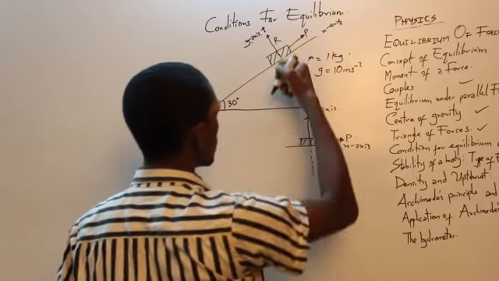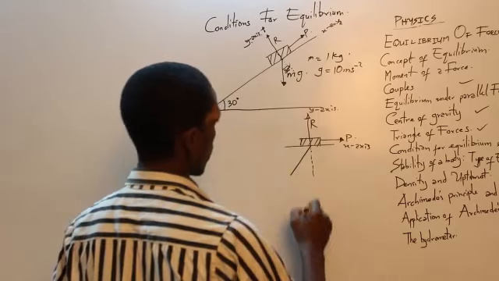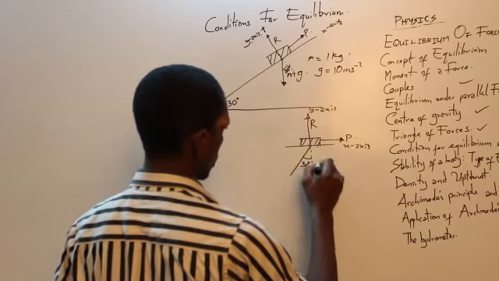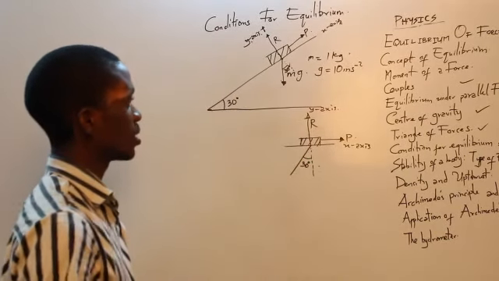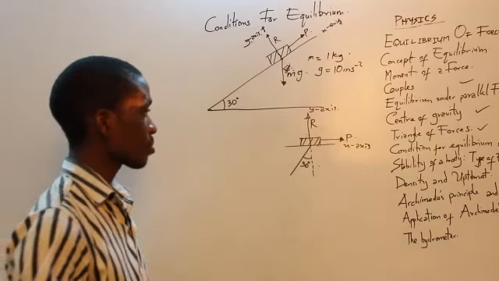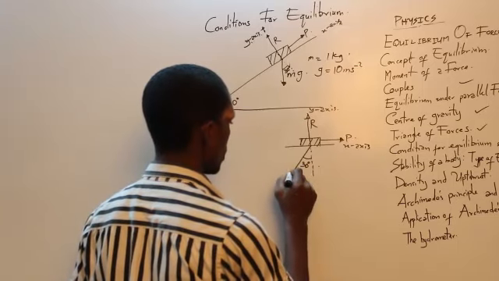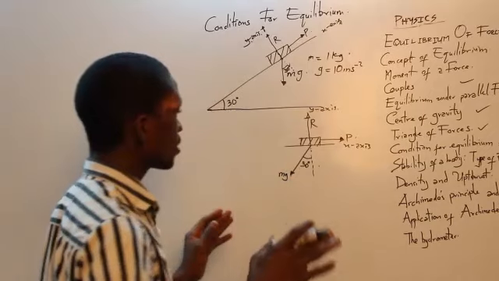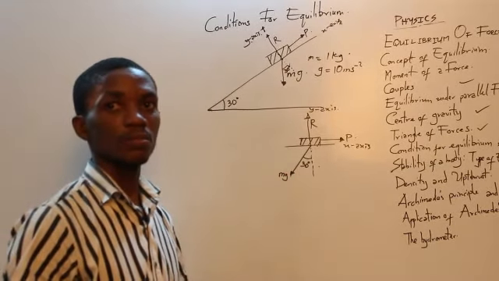Then we'll have this one looking like this here, and we'll have this place to be 30 degrees. And we know that at this 30 degrees point, we're already having mg. So everything we want to calculate centers on mg.